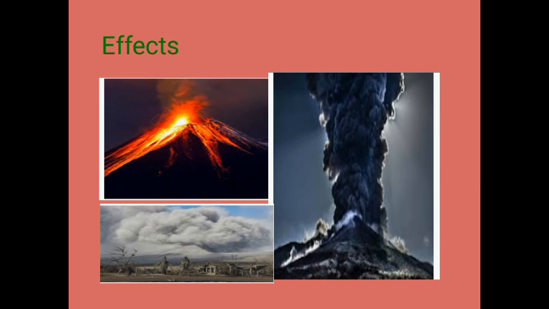Lava flow can bury houses and trees. Volcanic ash and gases are ejected into the air and mix into it, causing death by choking, which means difficulty in breathing.